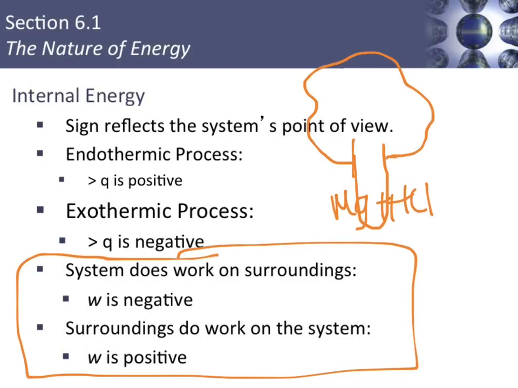And if I have a balloon here, then what we would see during this reaction is that the balloon's going to inflate. So if that balloon is inflating, then that means the system is doing work on the surroundings. So that means W is going to be negative.